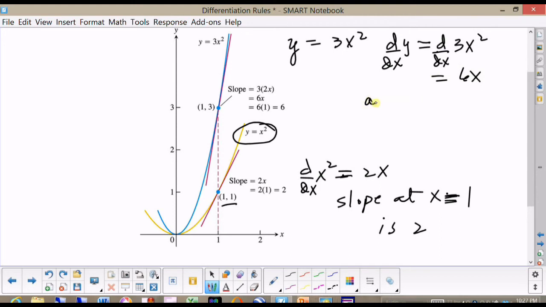And so at x equals 1, d/dx of y is equal to 6. So when you multiply one function by 3, its derivative is going to be 3 times as great.